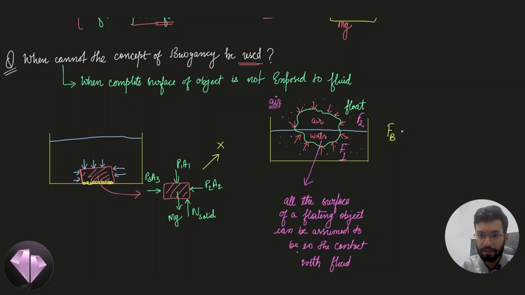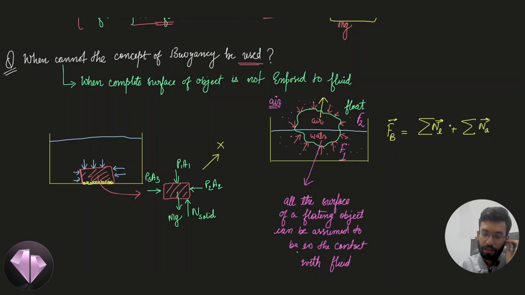So this Fb is nothing but the summation of all the normal forces by the liquid, which is F1, plus the summation of all the normal forces by the air. The sum of these normal forces plus the sum of those normal forces together will give me the total buoyant force which is acting upwards.